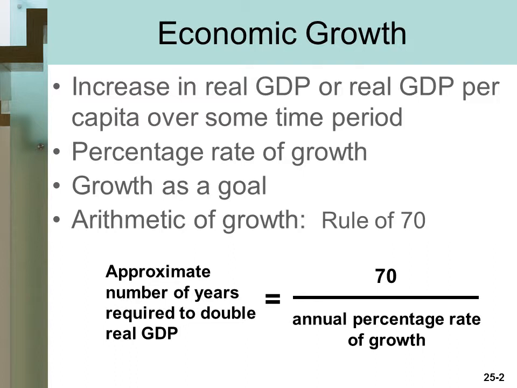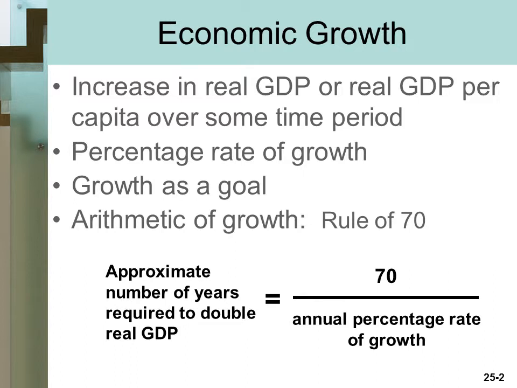So let's think about an economy growing at 2% versus an economy growing at 4%. Let's do the easier math first: 70 divided by 2. If an economy grows at roughly 2% annually on average, it will take roughly 35 years to double its economic output.